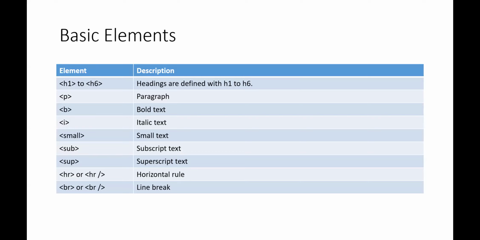So here is a list of existing elements. We already have H1 to H6. These are different headings going from the largest to smallest. Paragraph, bold, italic. You can also use small for small text, subscript and superscript. HR is for horizontal rule and BR is for line break.